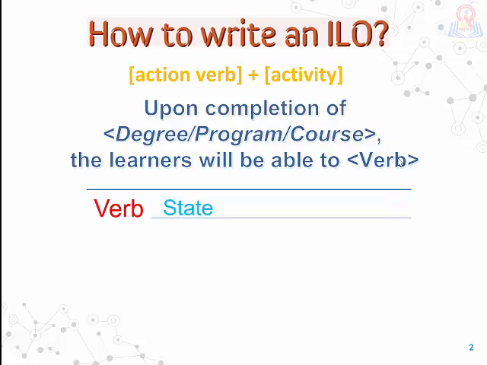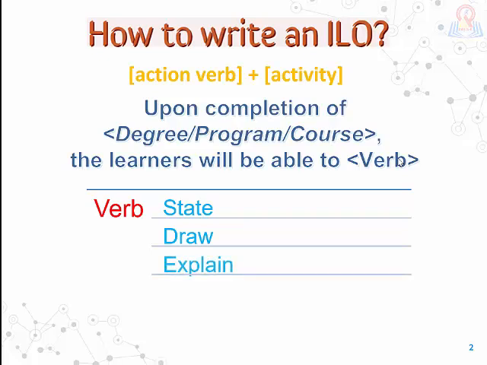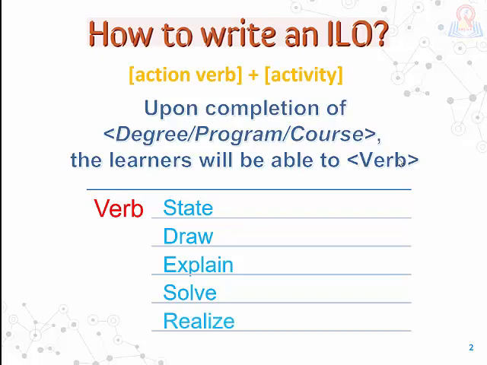I can give you some examples. State Ohm's law. Draw the diagram of something. Explain the concepts of something. Solve the problem. Realize the meaning of a poem. Like that, you can have several verbs.